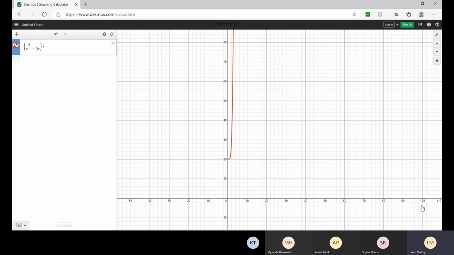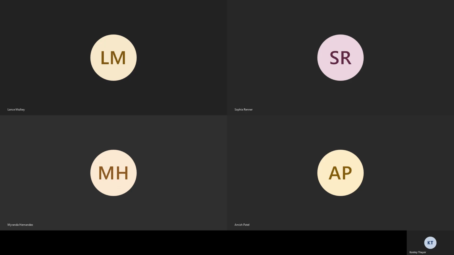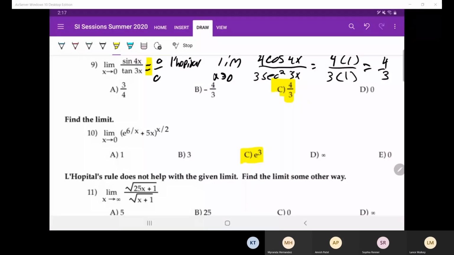I put it in right, unless e cubed is 20. It's e cubed. I figured y'all might like to know that one. So the answer is e cubed on that one. I don't know how to solve it off the top of my head. Sorry.